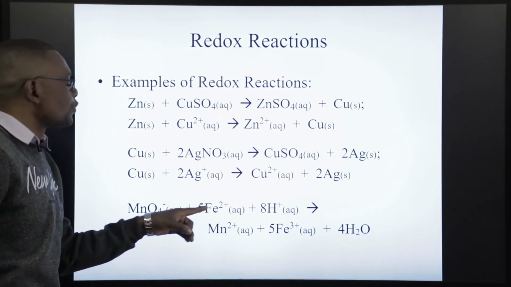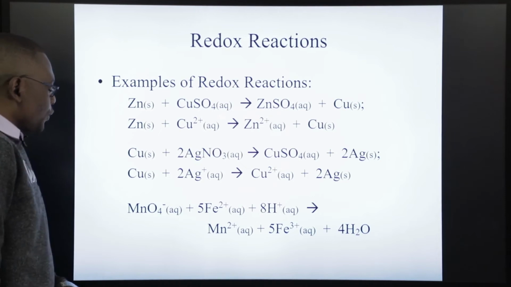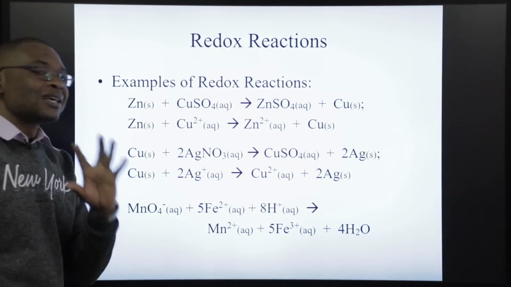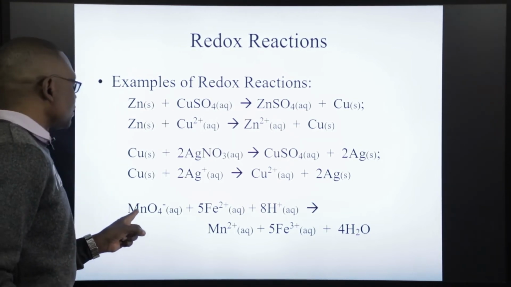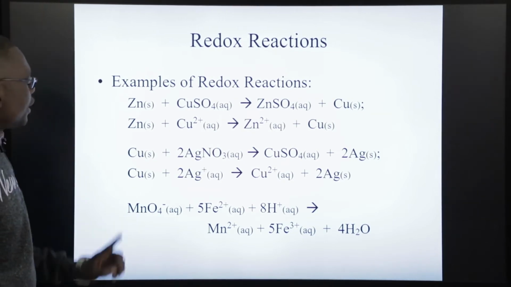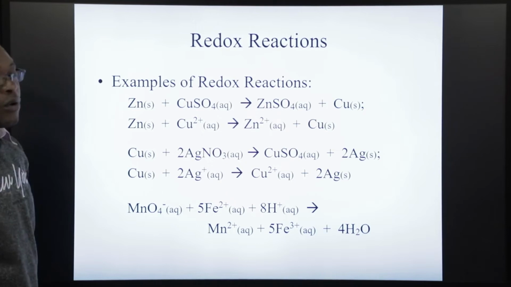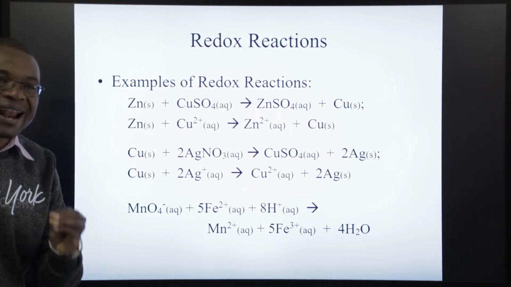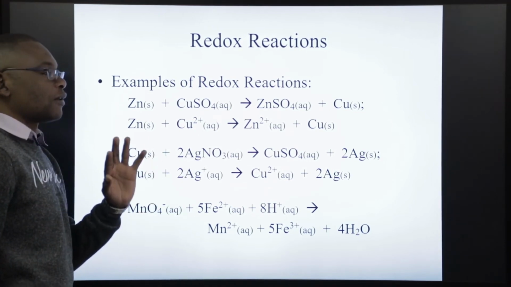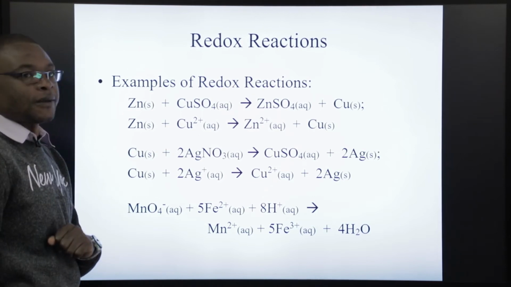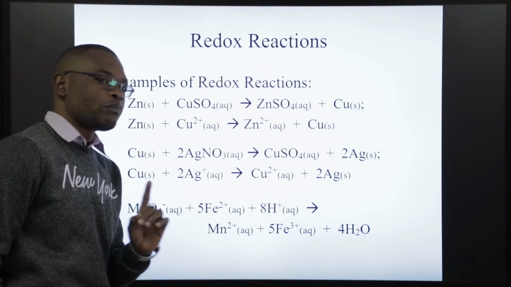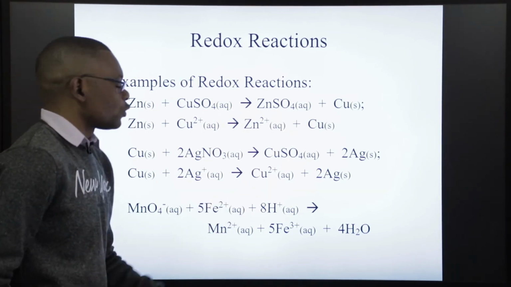So you'll see that in an acidic medium, the manganate is in the oxidation state of +7. So we are saying the manganese in this case has an oxidation state of +7, and it's reacting with 5 iron ions, and each ion has a charge of +2, and then we have 8 protons.